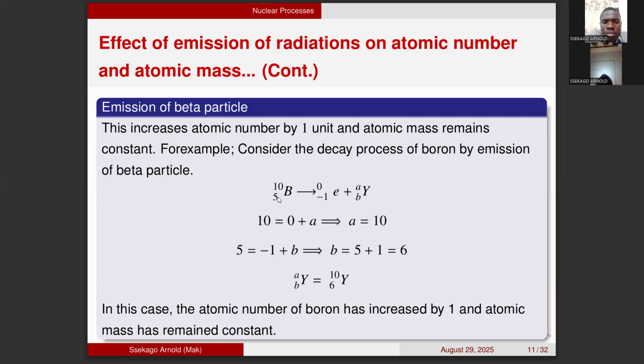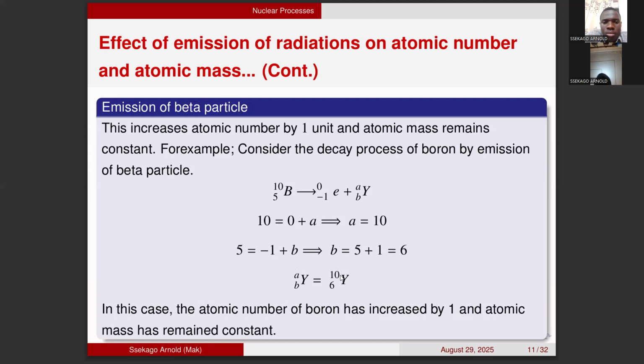Then down we have 5 equals negative 1 plus B. Bringing negative 1 this side, B equals 5 plus 1, and this gives us 6.